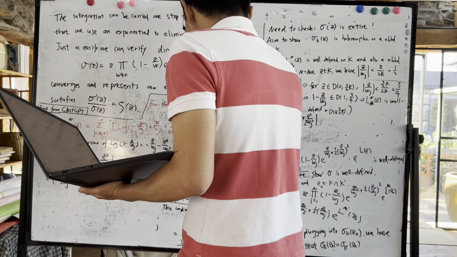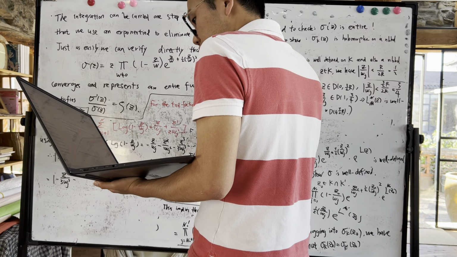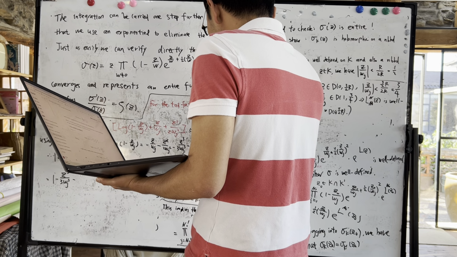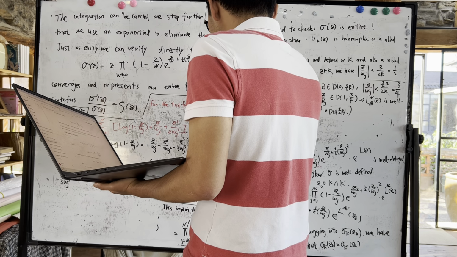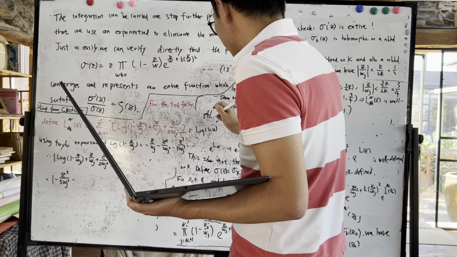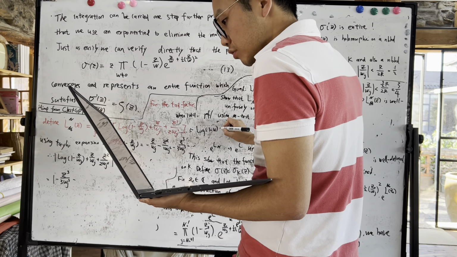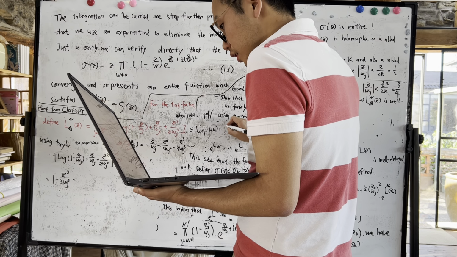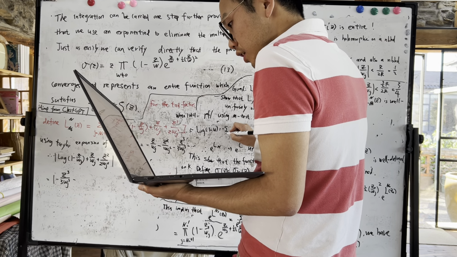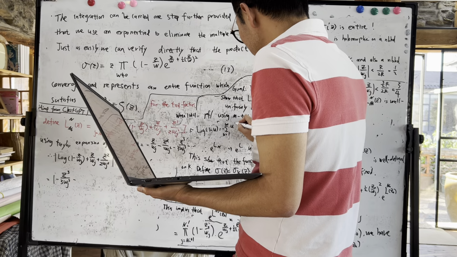When the modulus of u is less than 1, we have log of 1 minus u equal to negative summation k from 1 to infinity of u to the k's power over k.